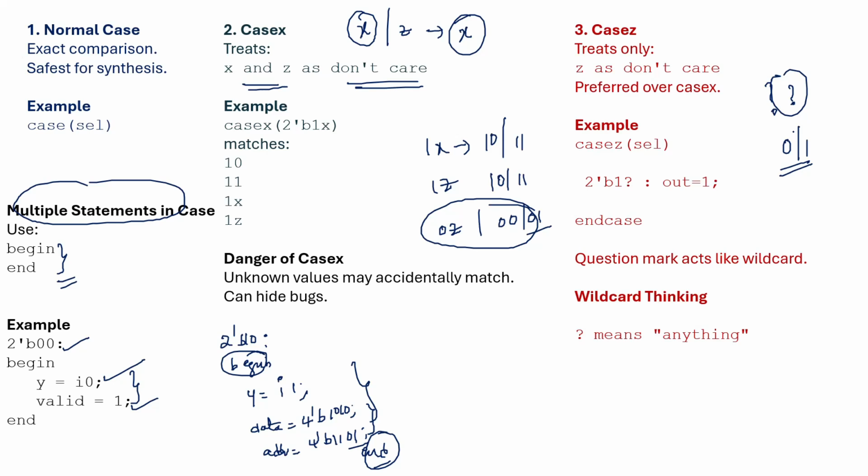This value will be considered as either 0 or 1, depending upon the decision I want to make. Based on that decision, the casez value is preferred. So with casex and casez, the unknown value and high impedance values are also what we are considering. That is the purpose for which we take casex and casez.